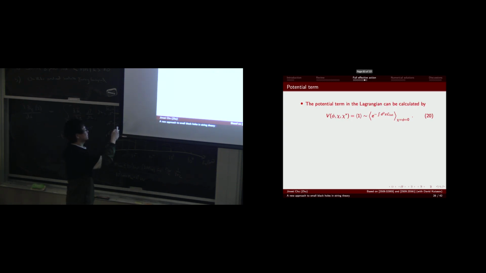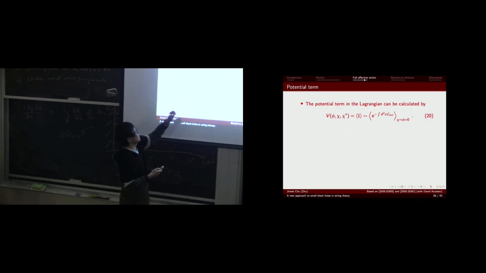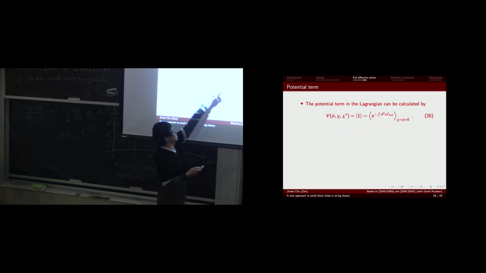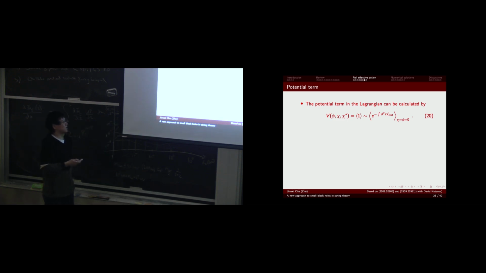So this is the kinetic term, and we can also calculate the potential term in the Lagrangian. That is given by the vacuum amplitude on the worldsheet. So we just consider the tree level amplitude. This vacuum amplitude is again in the deformed theory of the worldsheet, but we can write it in this form where we just insert the exponential of the worldsheet Lagrangian deformation in the undeformed theory.